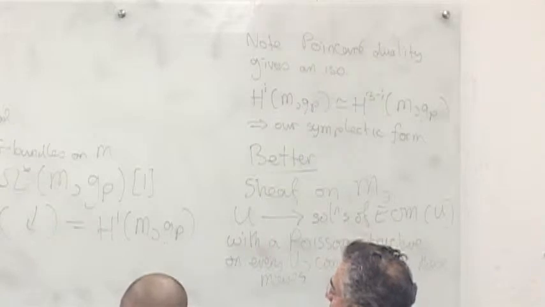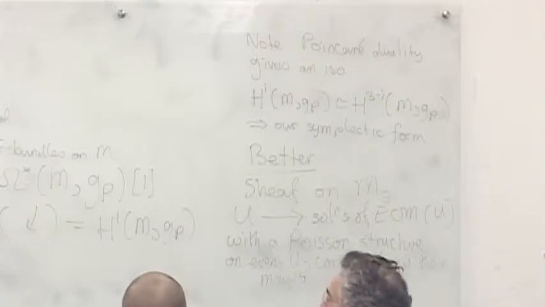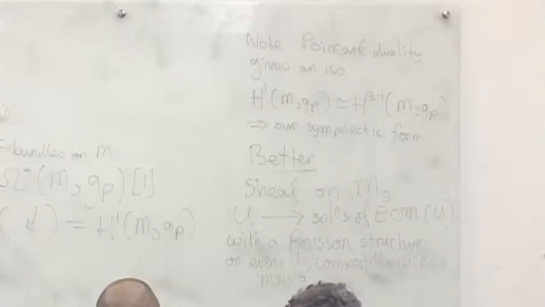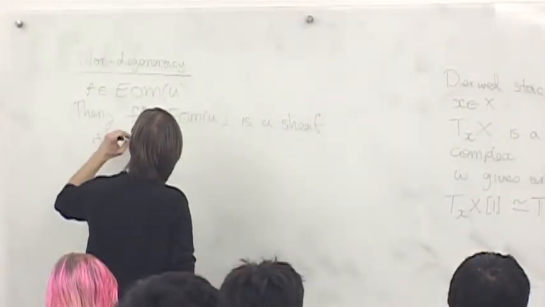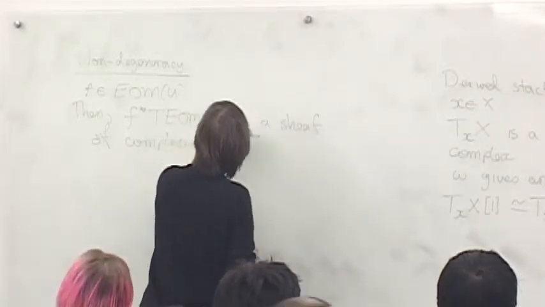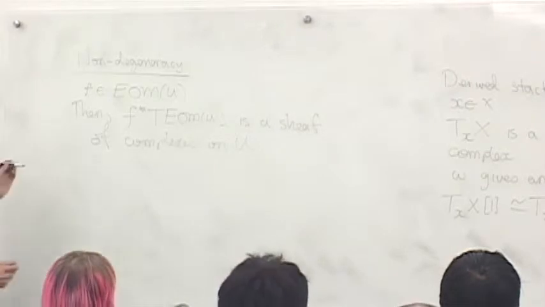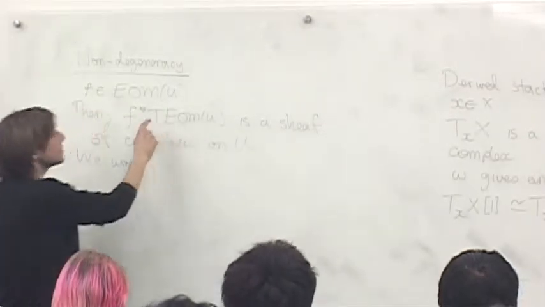So if I take some F, which is a solution to the equations of motion on U, then the pullback of this tangent bundle is a sheaf on U of complexes. So the Poisson structure will relate the dual of this to this guy.